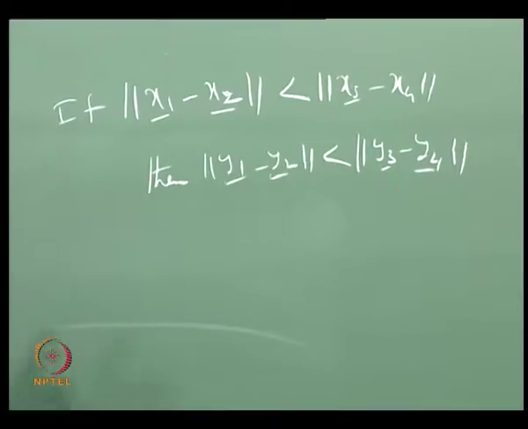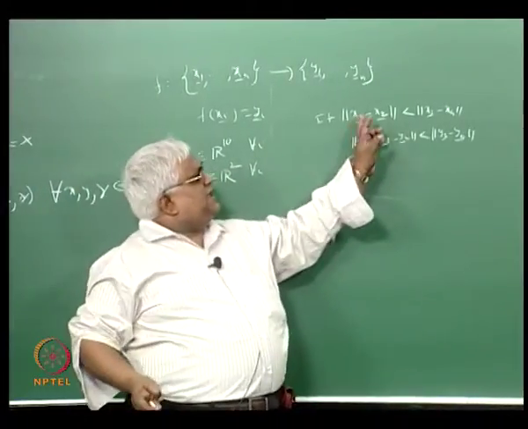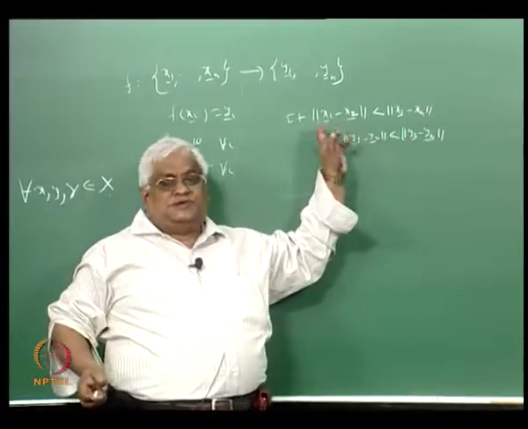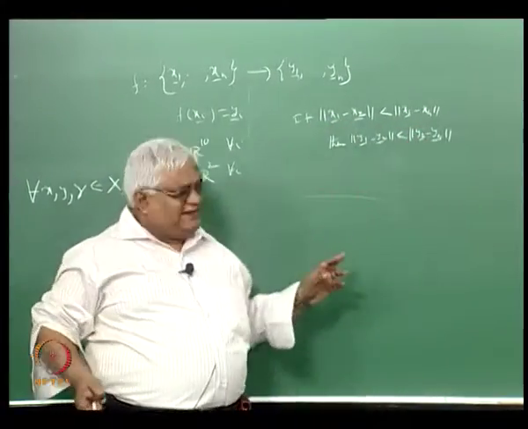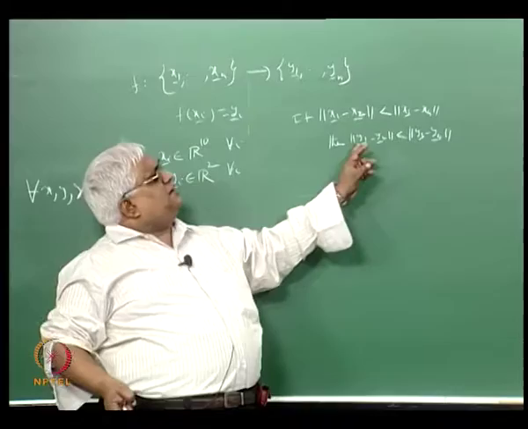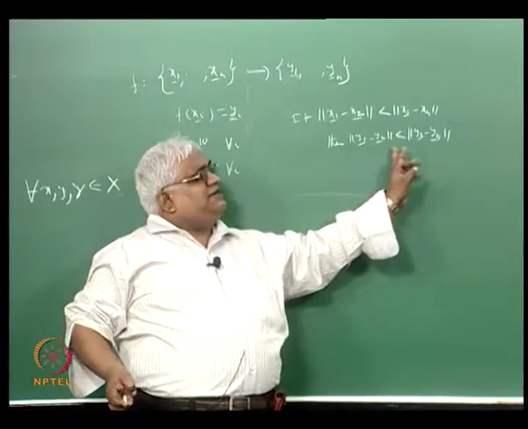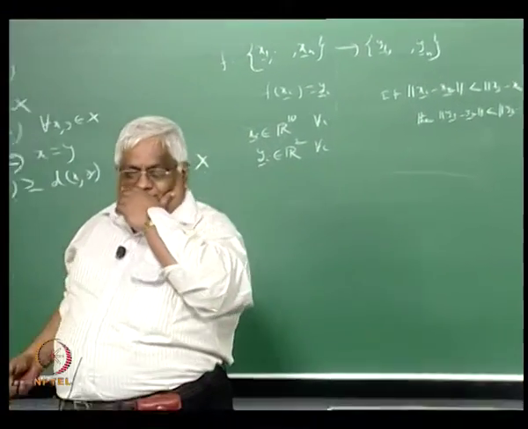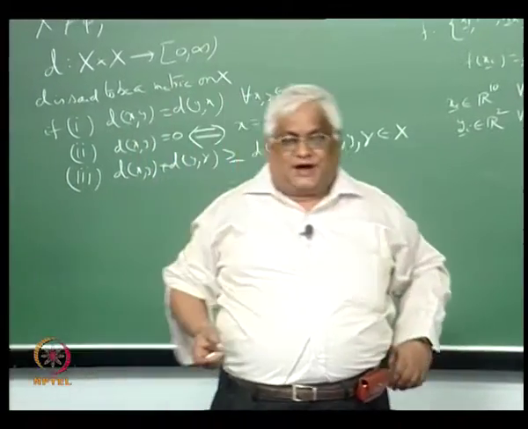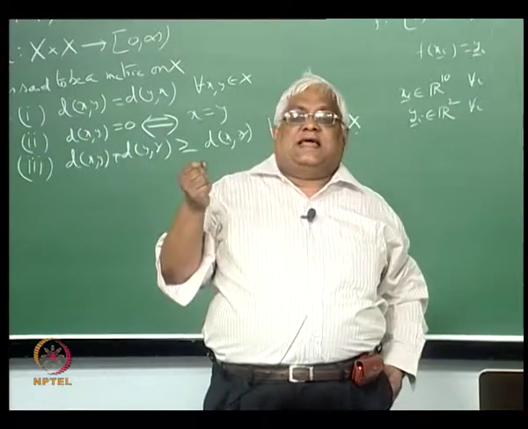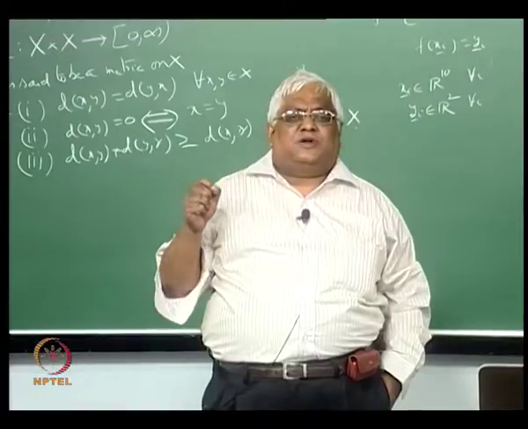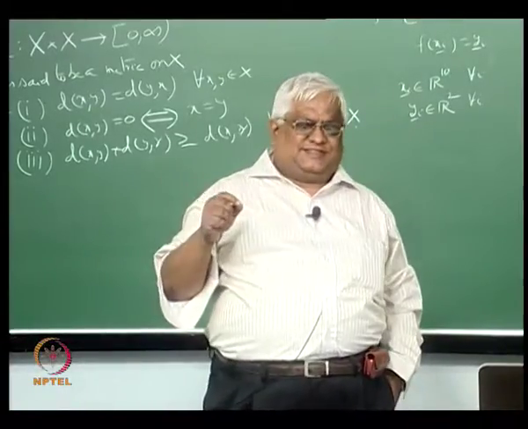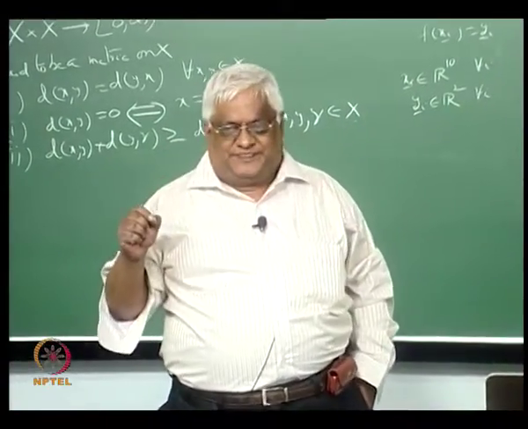If this is your map, and between x 1 and x 2 and x 3 and x 4 this relationship is satisfied, then correspondingly you want the similar relationship to be satisfied here. Now, if there are n points, there are totally NC2 pairs, that means NC2 distances.